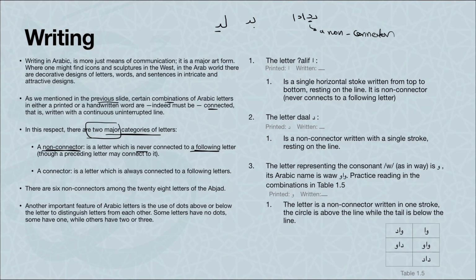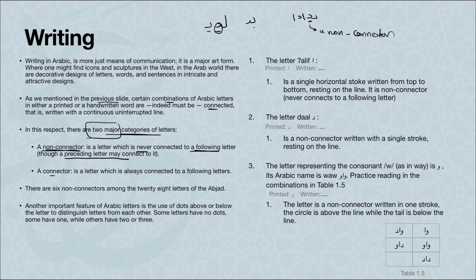So even if I write another letter, it has to be separated. So, as we said, a letter that is never connected to a following letter, the preceding letter may connect to it. So a letter that comes before it may actually connect.